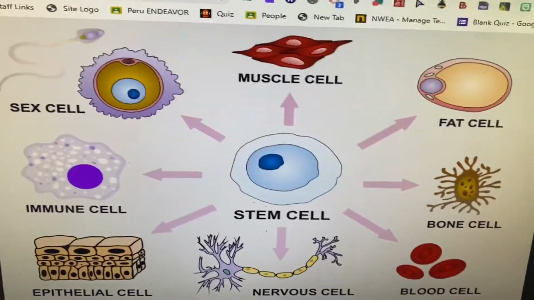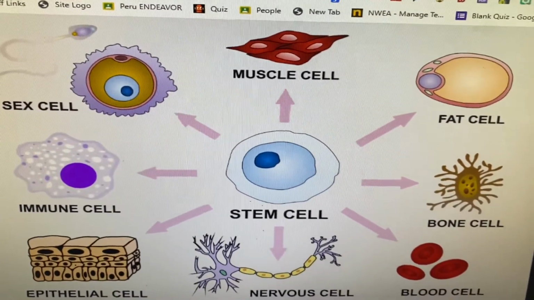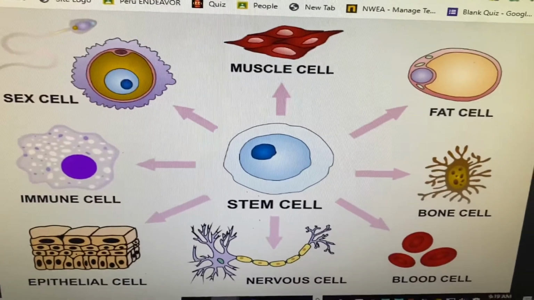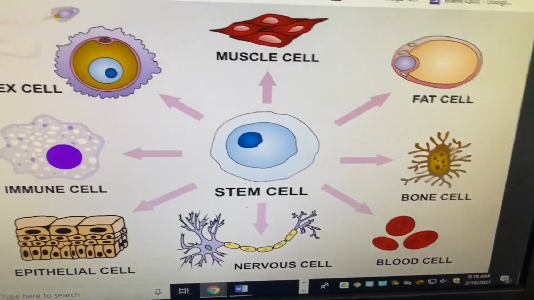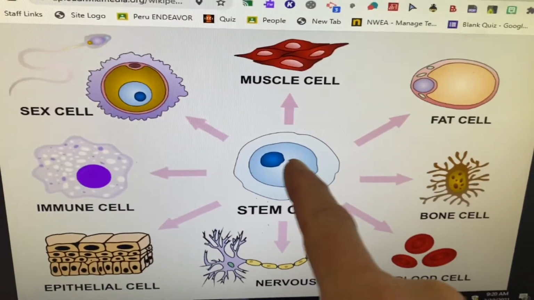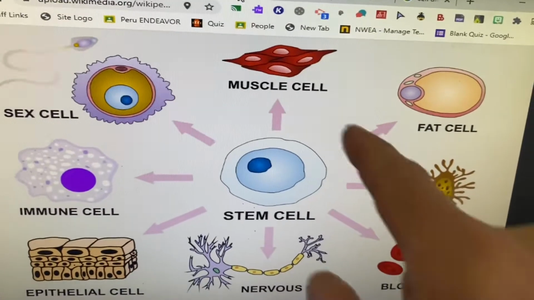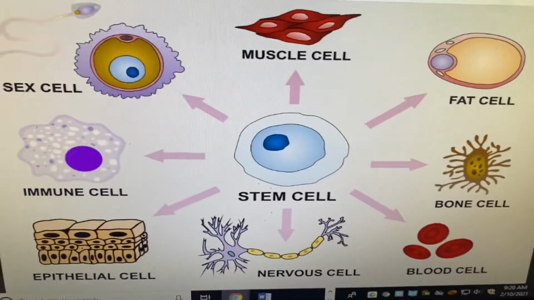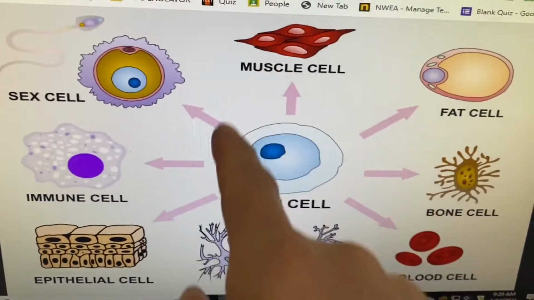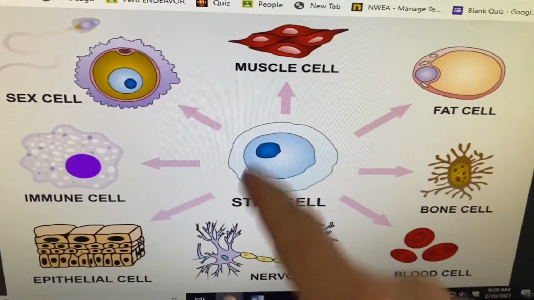And then that cell copied itself, divided, and copied itself and divided, and copied itself and divided. And then here you are. Well, somewhere along those lines, those cells decided to become different types of cells. We call that differentiation, but when a cell has the ability to become different types of cells, we call that cell a stem cell, right?